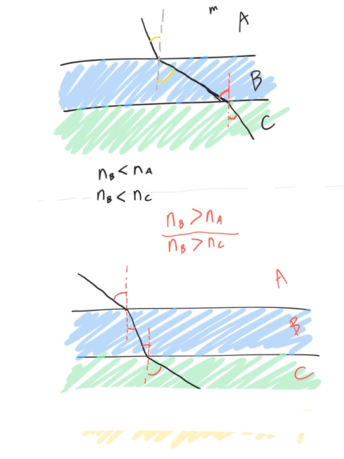A and B are closer than B and C. See how there's a huge change in that angle? So how would I write this? The biggest is going to be NB. So NB is greater than NA, which is greater than NC.